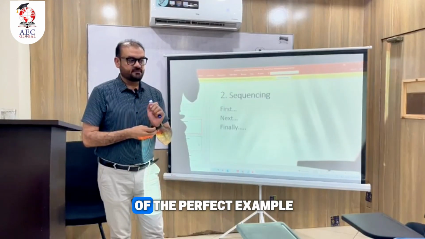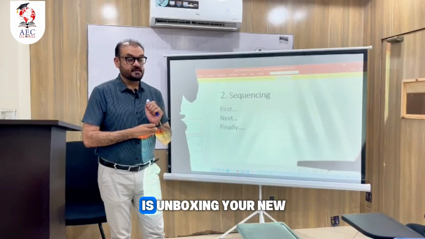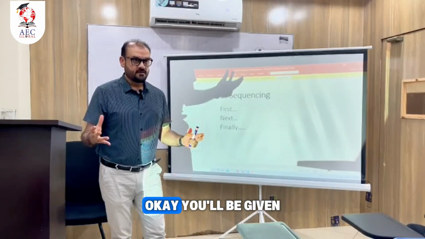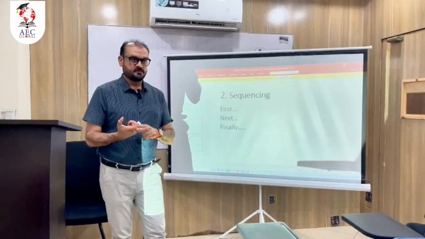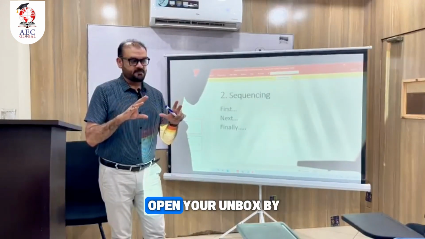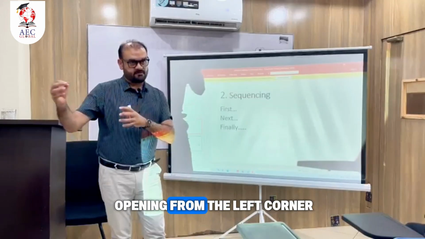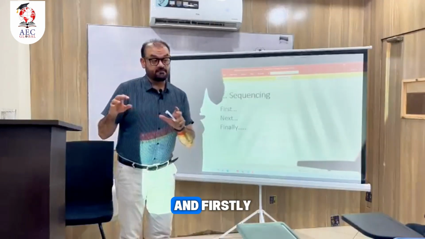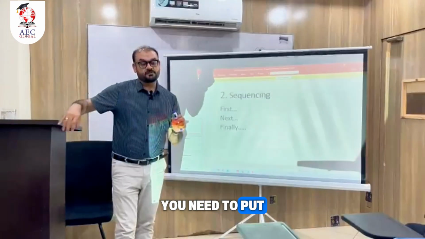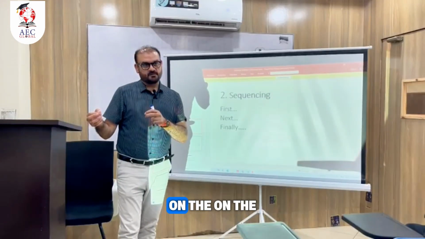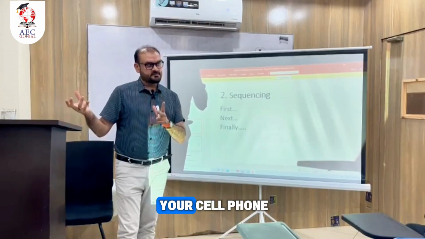One of the perfect examples is unboxing your new cell phone. You'll be given a manual. So listen to the manual. Could you please open your box from the left corner? Firstly, you need to put in your SIM by inserting it in the slot at the bottom on the right-hand side of your cell phone.